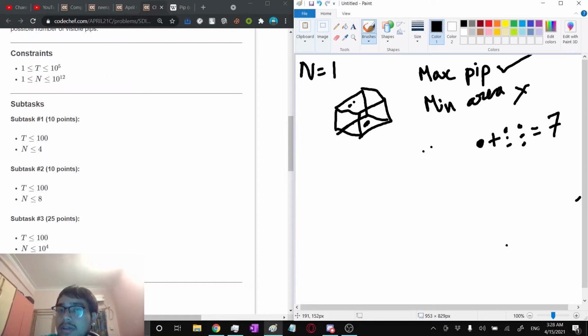Similarly, for this surface, if it has 2 pips, then its opposite side will have 5 pips, so that the sum is 7. Similarly, here it will be 3 pips plus 4 pips equal to 7.